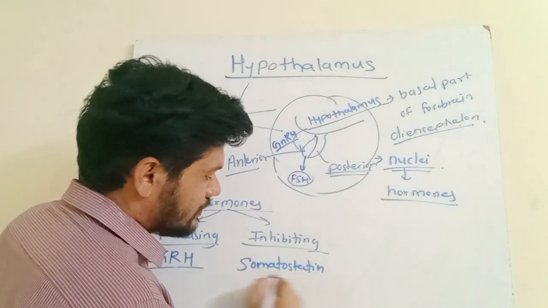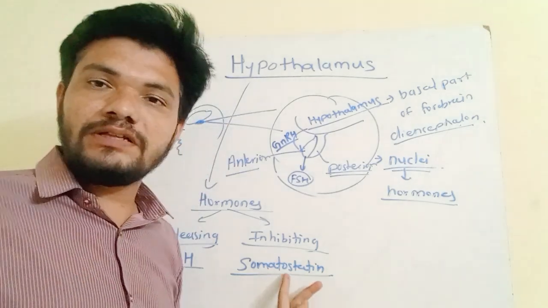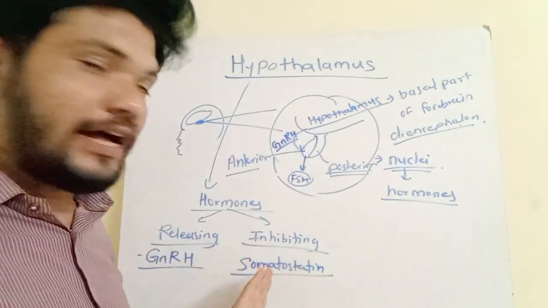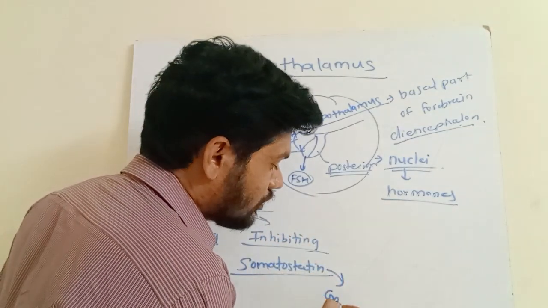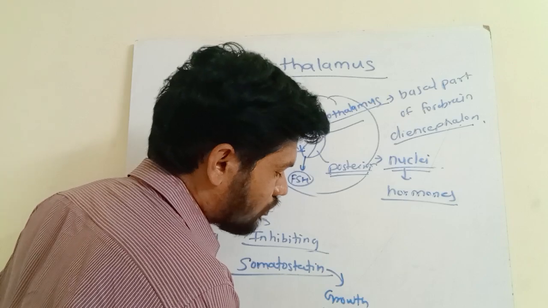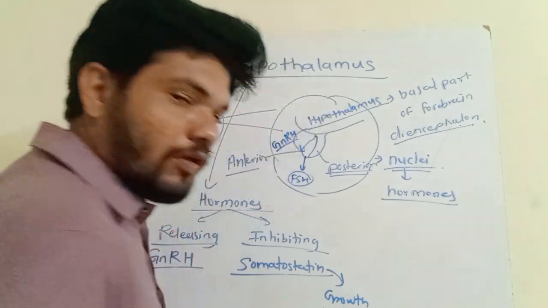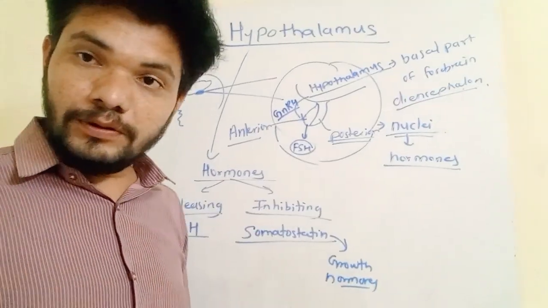Somatostatin is also an example given in the NCERT, which you have to remember. It inhibits the release of growth hormones from the pituitary.